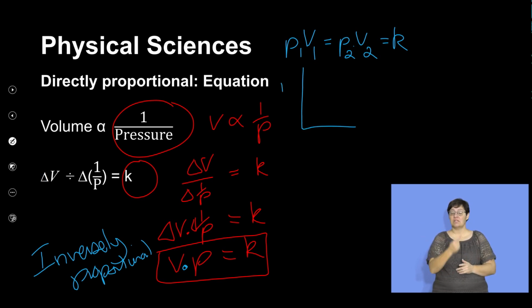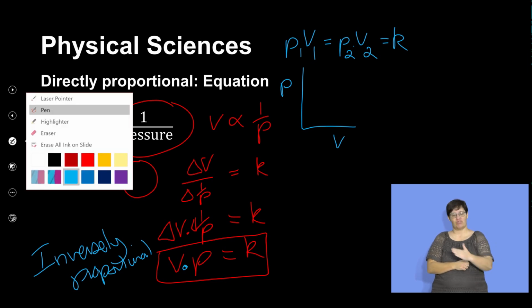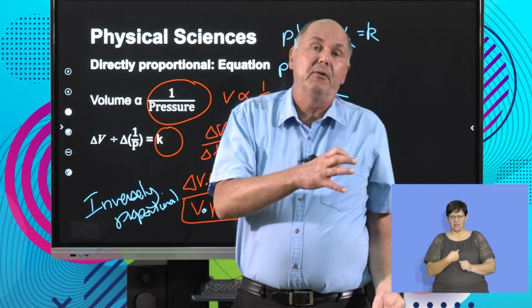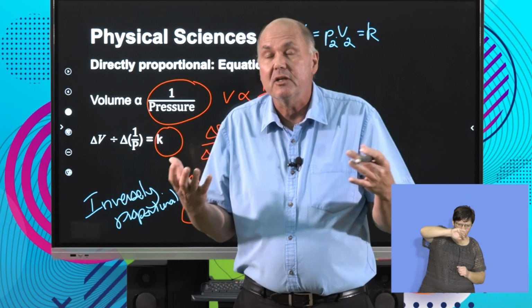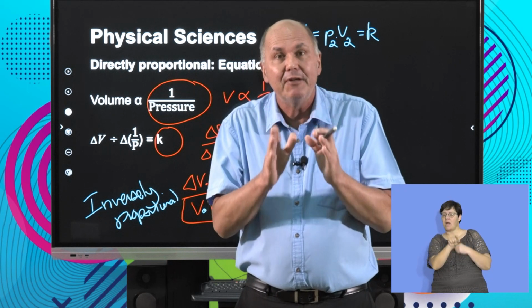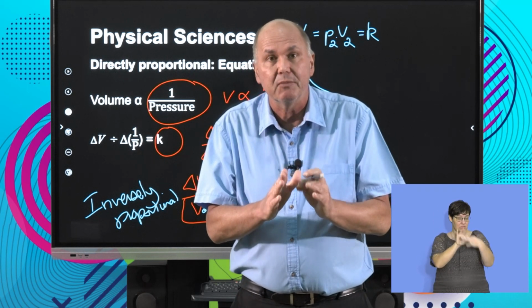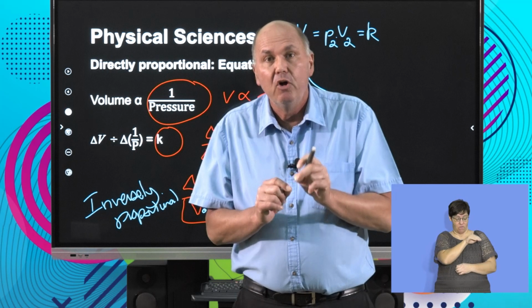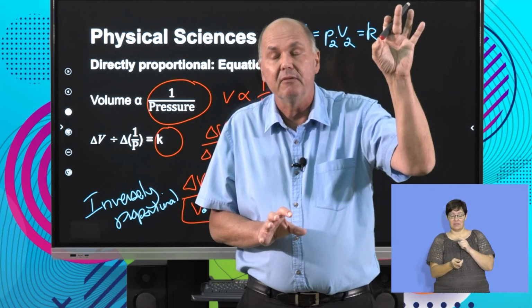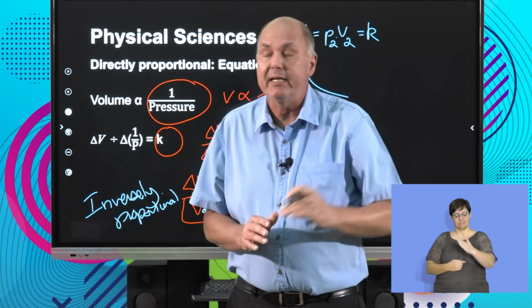So if we have pressure and volume, we're not going to get a straight line in this case, but we're going to get a hyperbola that looks something like that. But remember, with a curve, we can't really tell. Is it a hyperbola, or is it a parabola? Is it another function? Well, it's much easier to recognize whenever you have an inversely proportional relationship, if you plot 1 over the independent variable against the dependent variable, you'll be able to get a straight line.